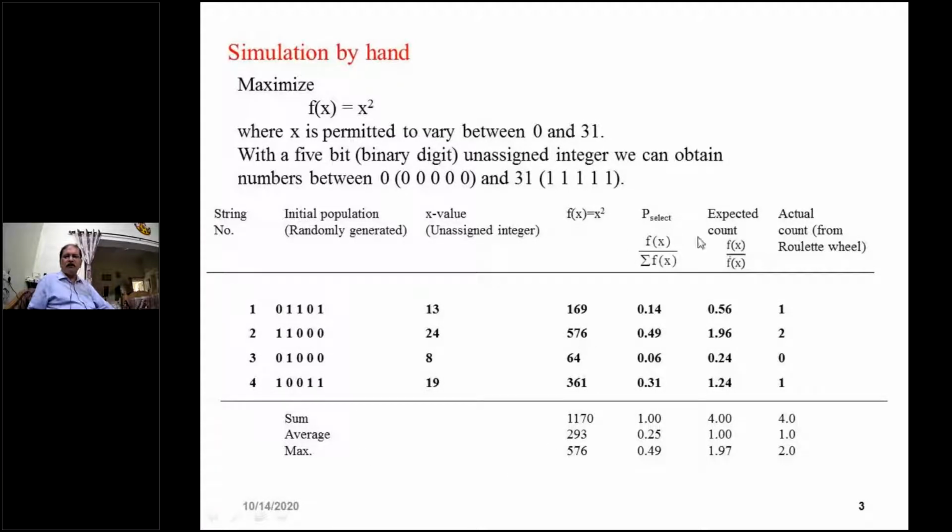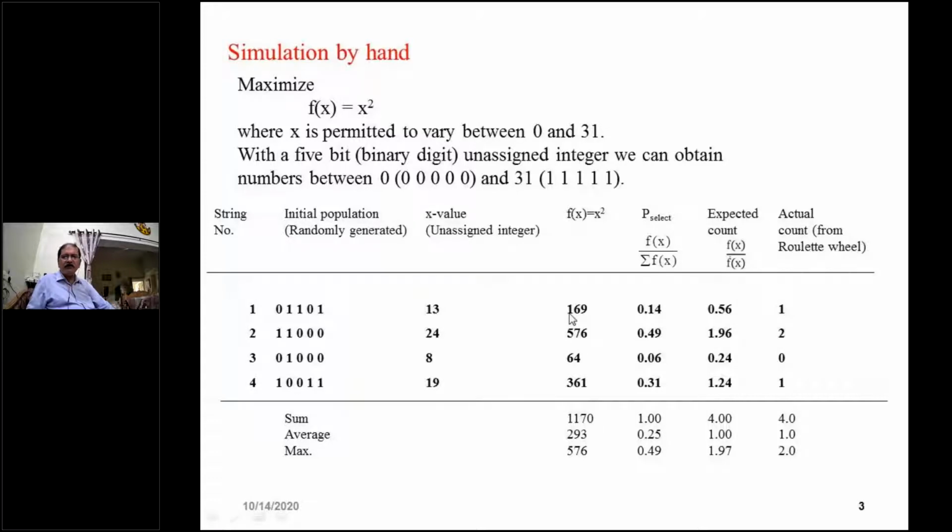Now calculate the probability of selection, that is, selection to the next generation. It is 169 divided by 1170. It is f(x) divided by the summation of f(x), and the summation of f(x) is 1170.